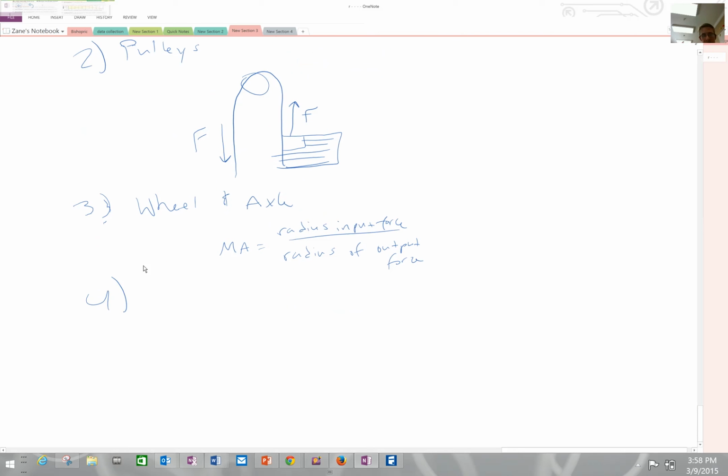Next one, let's talk about an inclined plane, which is basically a glorified name for a ramp. You guys know how a ramp works. I already used it in my little truck example. Here's my truck. That's a horrible truck.